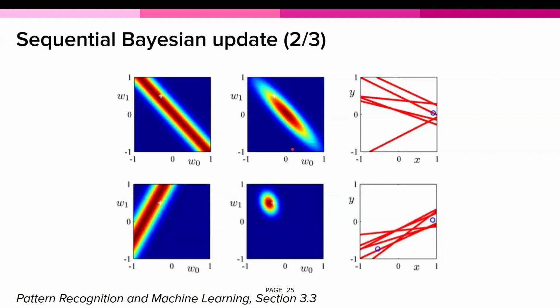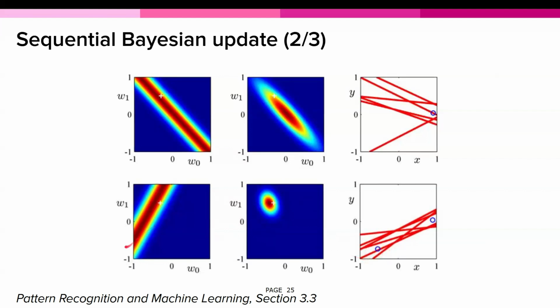All right, so now let's see what happens when we observe a second point. The top row is just what we just had, and the second point that we observe is this blue circle in the bottom right-hand plot.